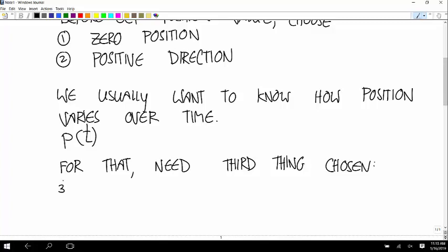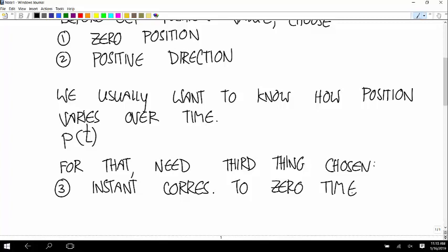And that is an instant corresponding to zero time. Essentially what we're doing there is we're turning on a stopwatch. Okay, our zero time is when you click on the stopwatch. And then everything that happens after that is measured in relation to that zero time.